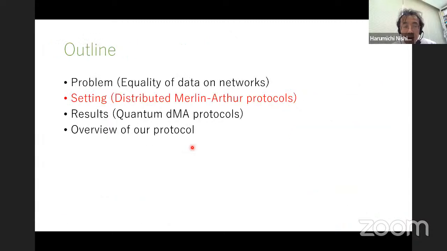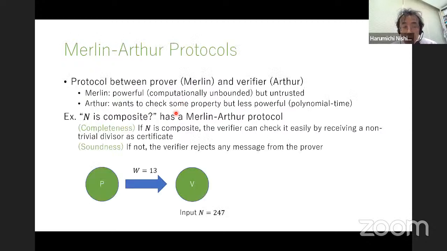Now we move to the setting of distributed certification, which we call the distributed Merlin-Arthur protocol. Merlin-Arthur protocol is the probabilistic version of NP protocol. This one is a prover. It's usually computationally unbounded, but untrusted.